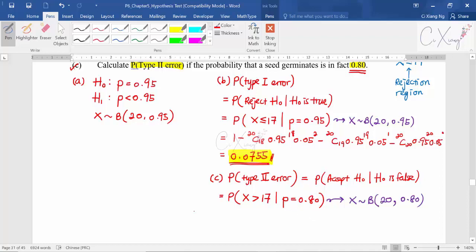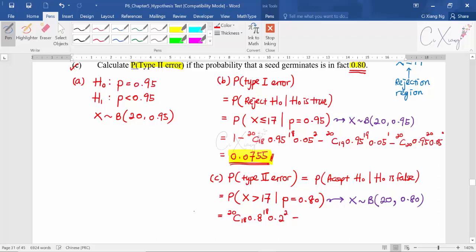Alright, so I will continue with the calculation. For x greater than 17, 17 is not included, so you can start from 18, which means your binomial formula should be 20C18, 0.8 power 18, 0.2 power 2.